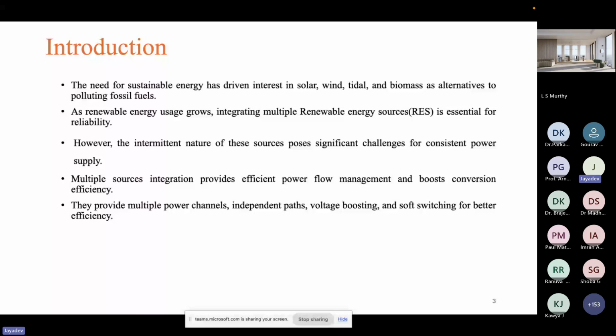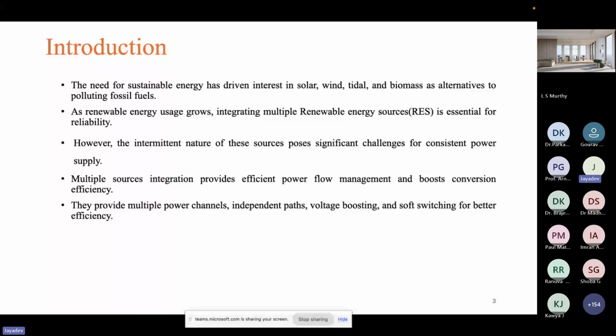With this, we need to integrate more than one renewable source in a single converter. That becomes very essential because some renewable energy like PV and wind are intermittent in nature. PV depends on the solar irradiance. The wind energy system depends on the wind flow. And like pico hydro, if we take the hydropower plant, it depends on the rain and the water flow.